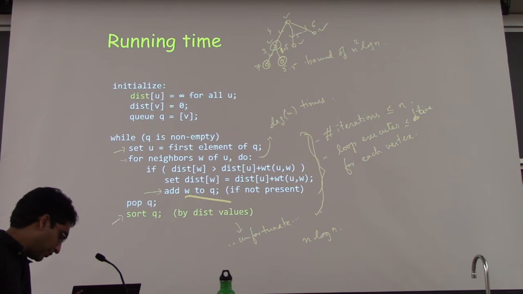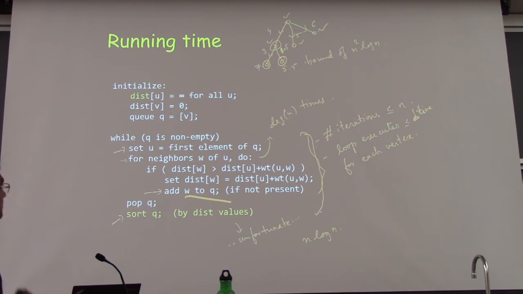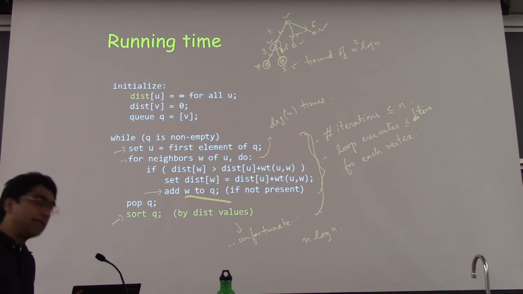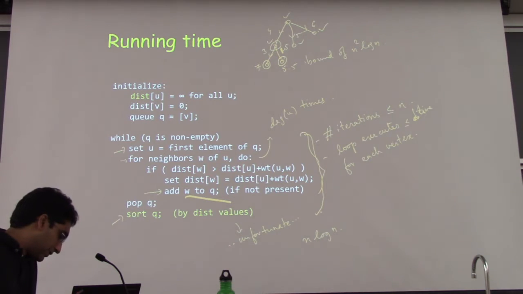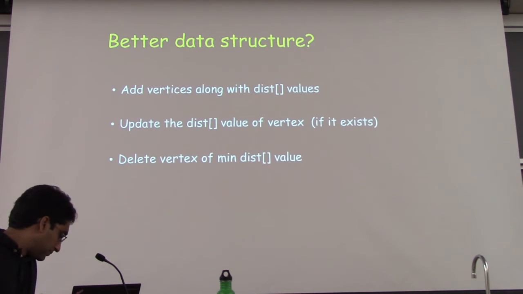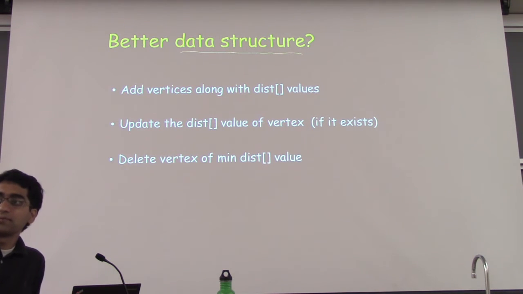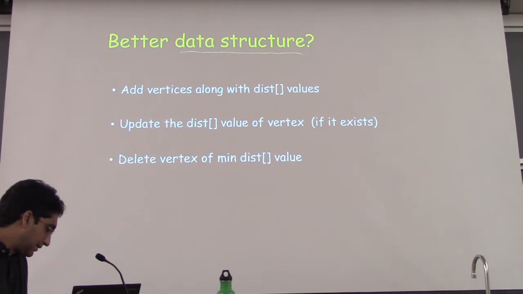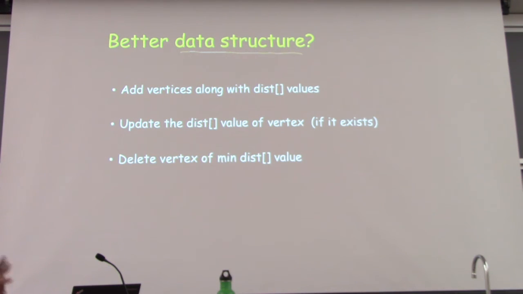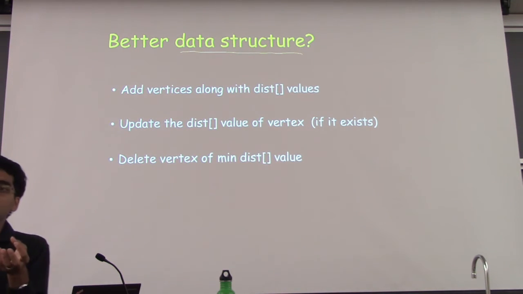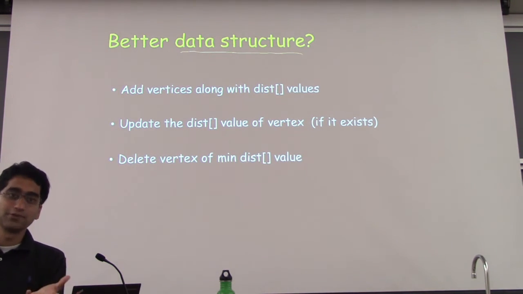Alright, so how do we avoid this? For those of you who have not seen these kinds of things, what we are looking for is a clean data structure. A data structure is basically something that allows you to store various elements, of various forms.